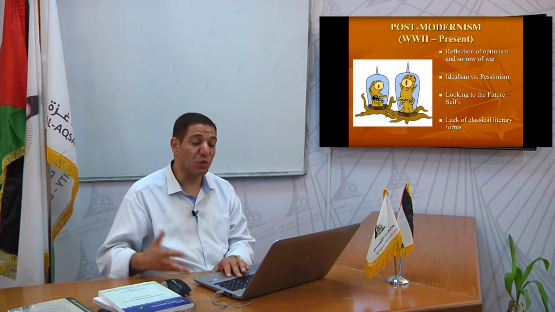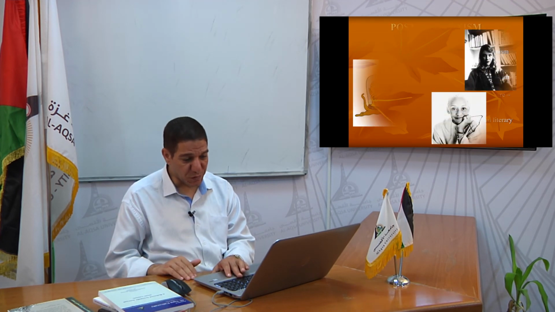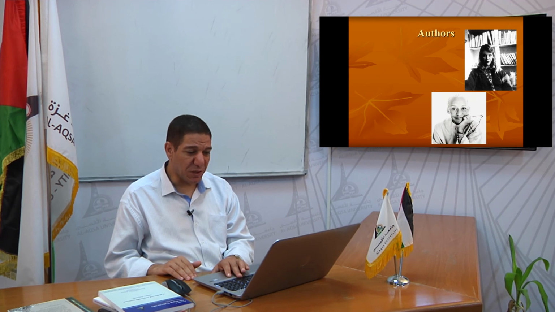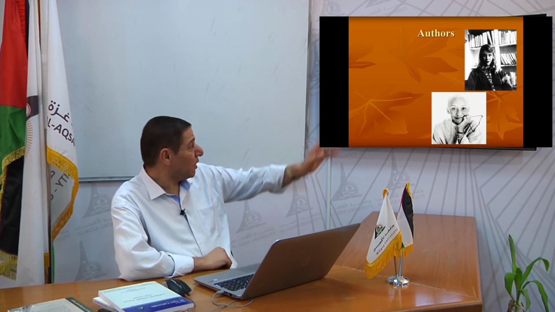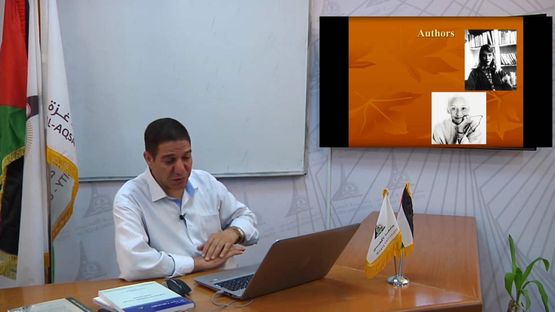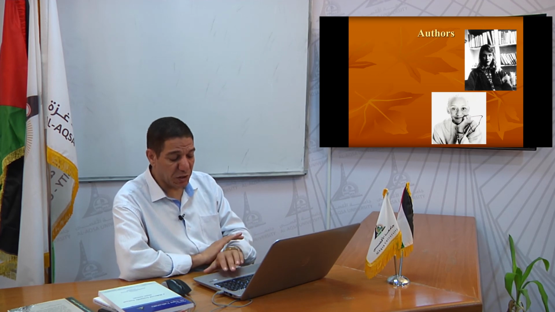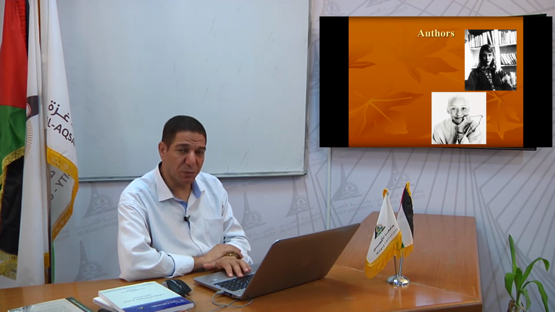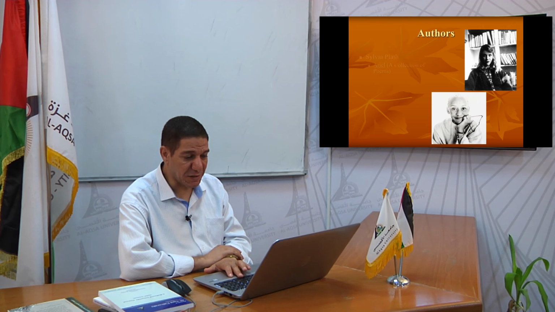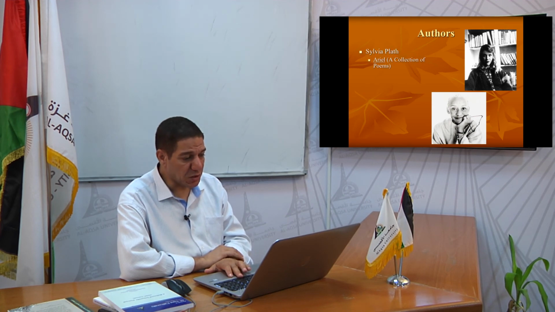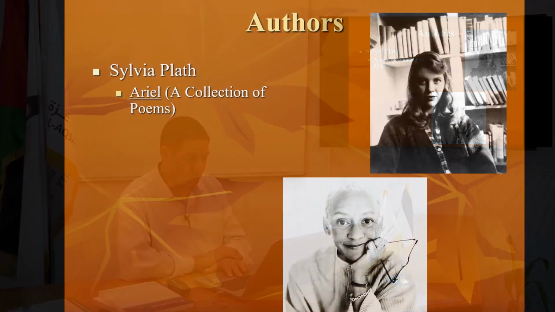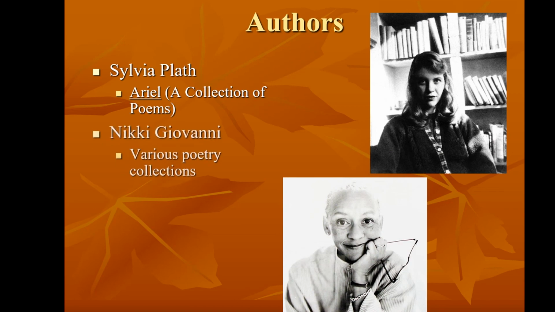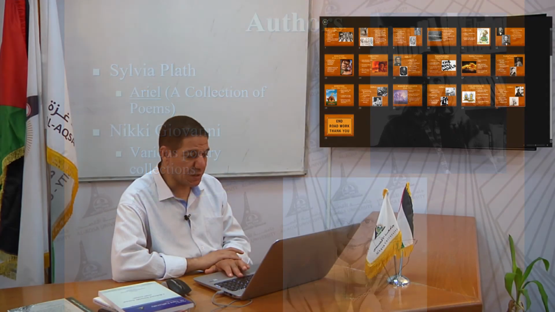People started to look for new forms. Examples of these: this is Sylvia Plath. We talked about Sylvia Plath before and how she wrote poetry in previous classes. Ariel, a collection of poems, is one of her works. Nikki Giovanni, various poetry collections.